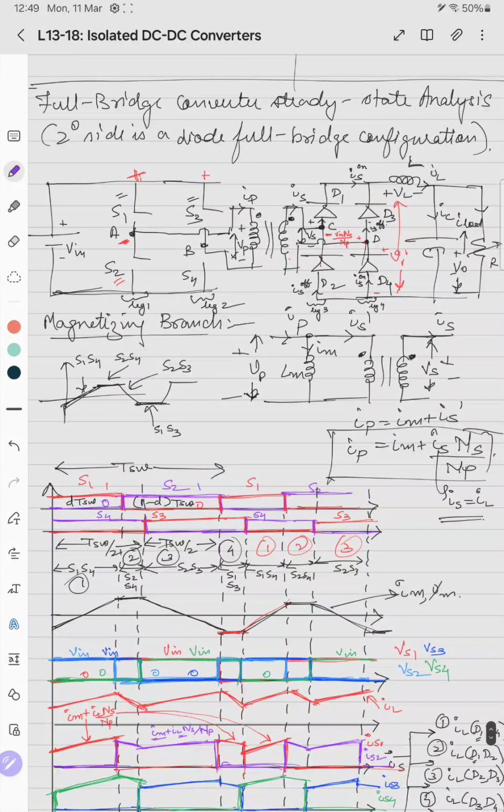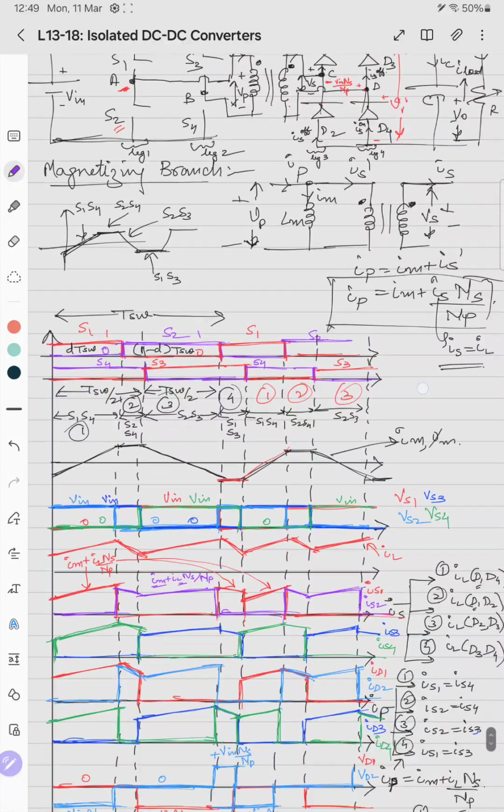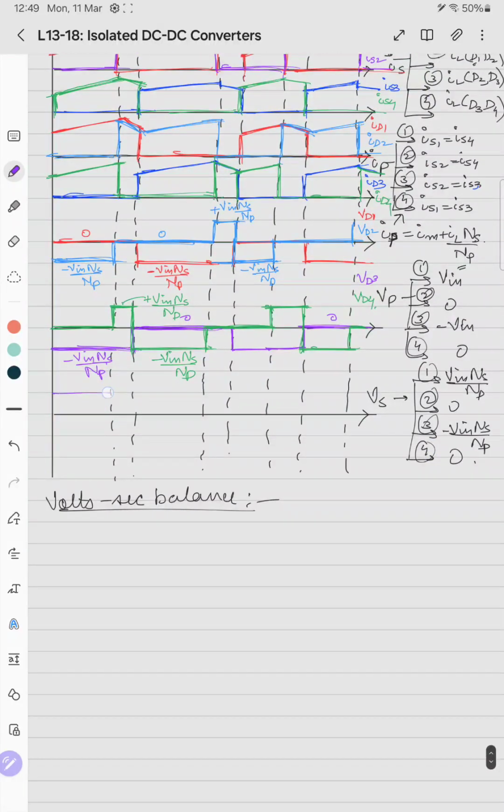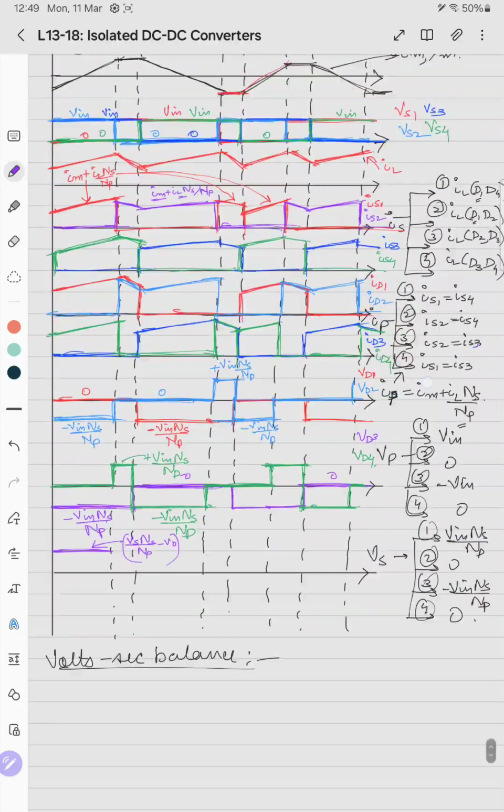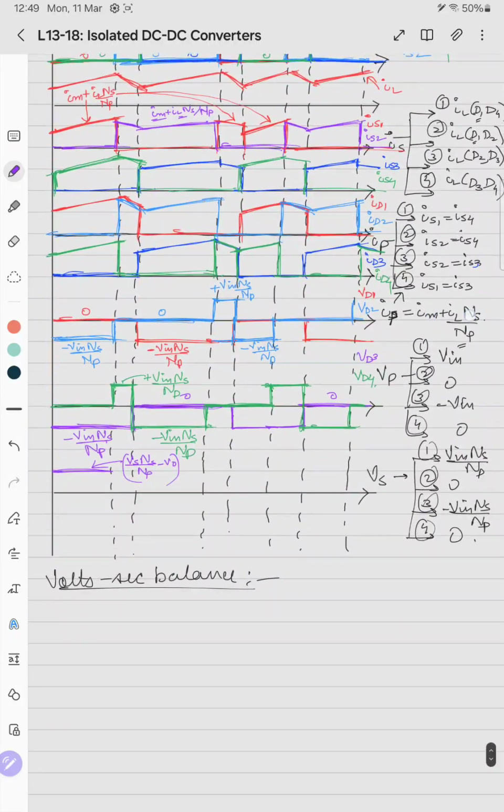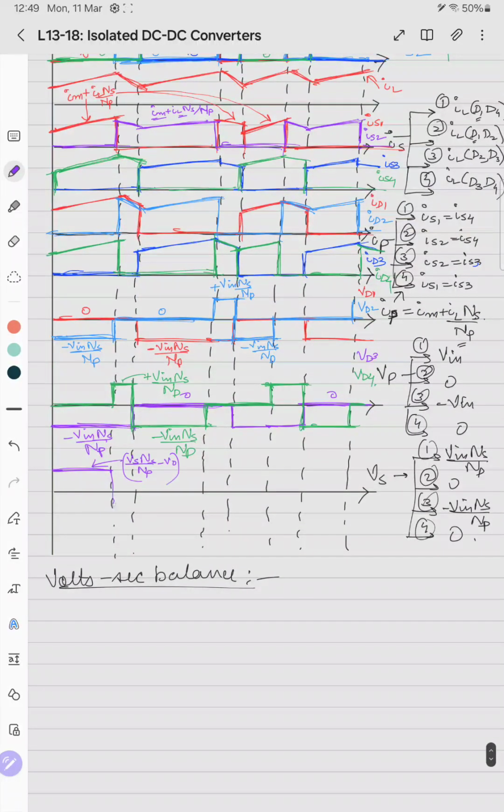VL. In case 1, when positive voltage is applied here, the voltage across it is Vs into Ns by Np minus V naught. In case 2, it is 0, so it is minus V naught.